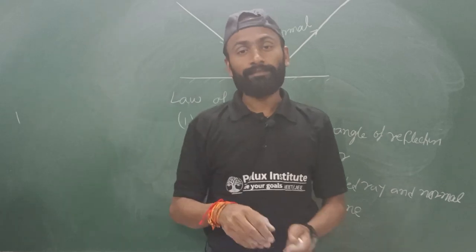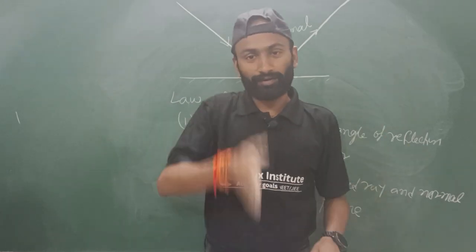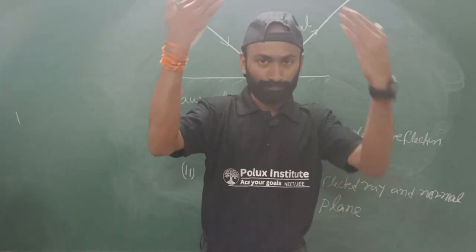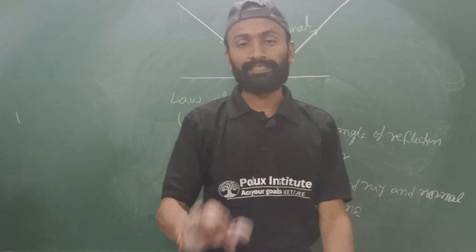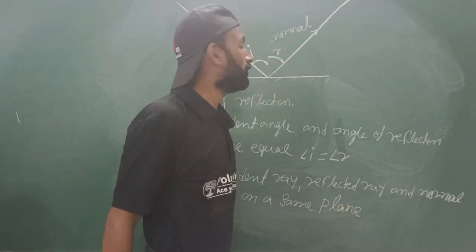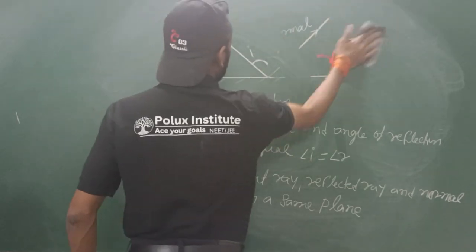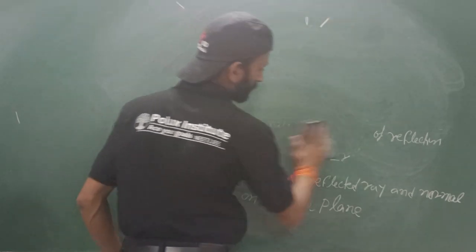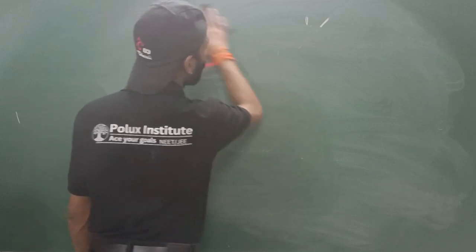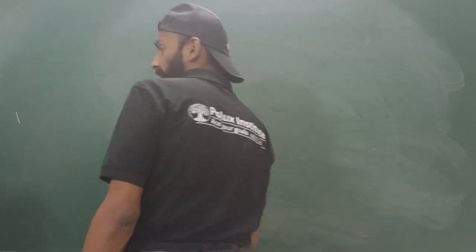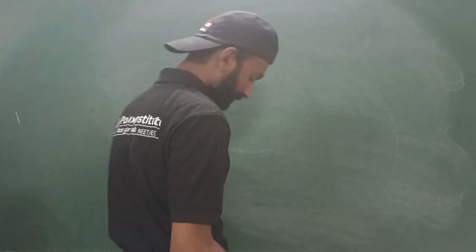So incident ray, reflected ray, and normal, all three will be in the same plane. So these are the two laws of reflection.